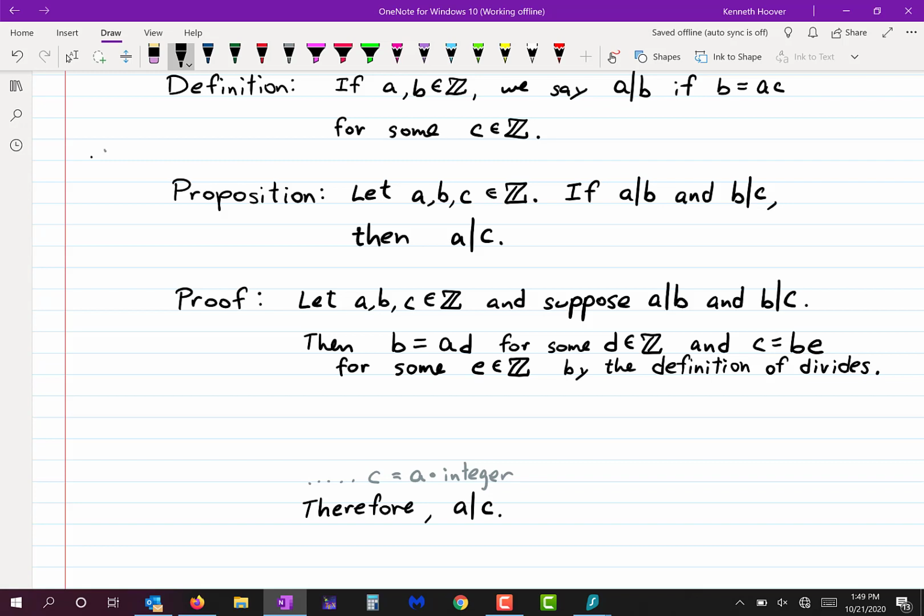So let's say hence c equals, so I'm going to substitute ad in place of b. And then I'm going to use the associative property to write that as, instead of ad times e, a times de.